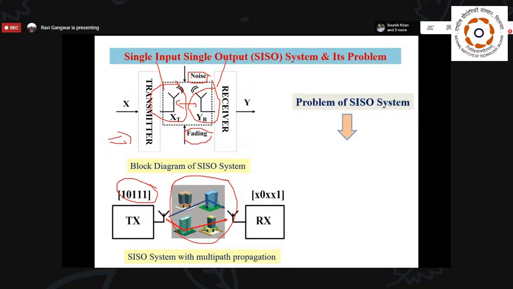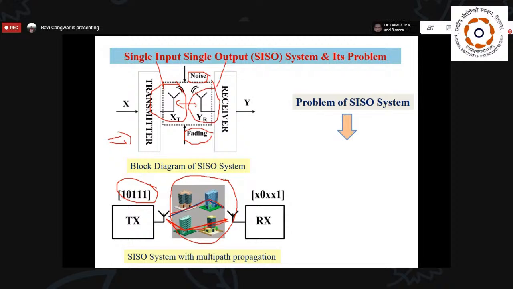So in this medium, we have different kinds of environmental things. If we consider that situation, then the signal transmitted from the transmitter side can take any path, whether this path or that path. In both conditions, the signal is traveling through different distances with different time delays.